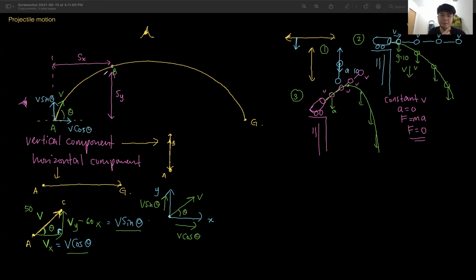Okay, now then, what happened during the motion? We look at how the velocity changes during the motion. From point A to point B, and maybe to point D on top here, this is the tallest point. So I will write this as the maximum height, capital H, max height.